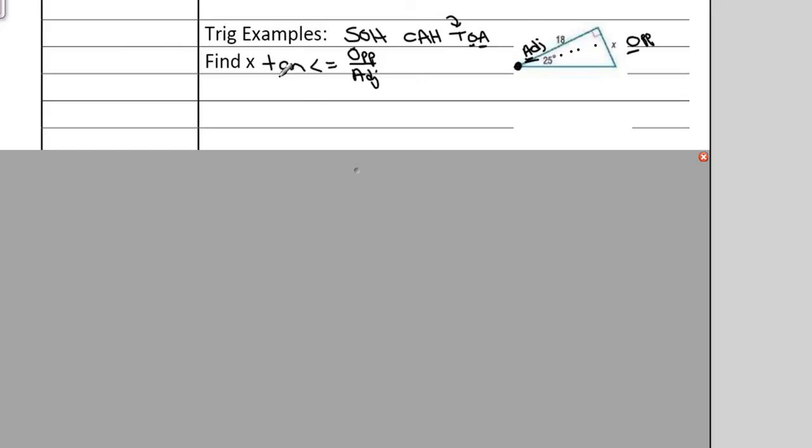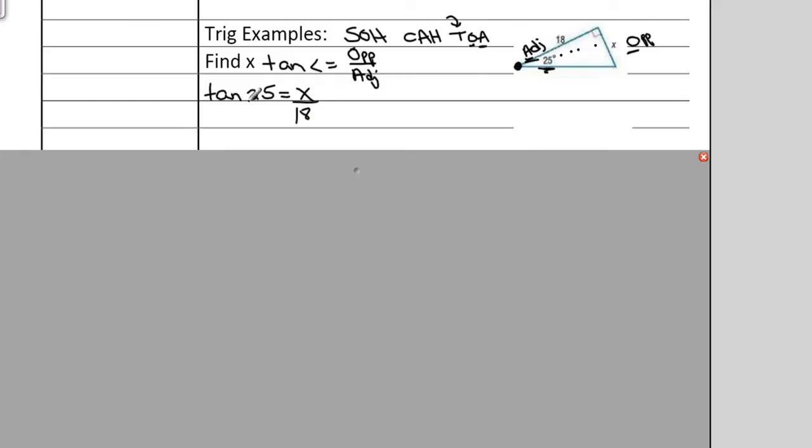So I write this down and then I fill in my missing pieces. The angle is 25 degrees. So tangent of 25 degrees equals my opposite side, which we said was x, over my adjacent side, which we said was 18, or it was shown as 18.